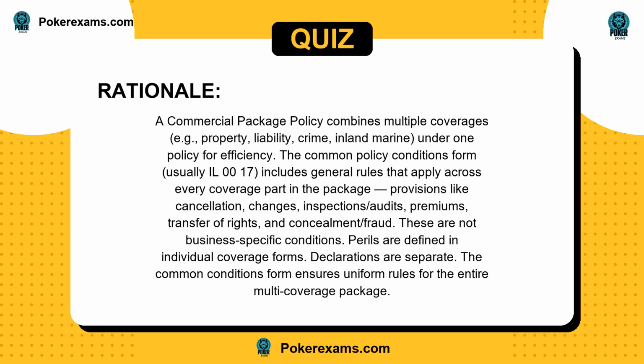The Common Policy Conditions Form, usually IL0017, includes general rules that apply across every coverage part in the package, provisions like cancellation, changes, inspections/audits, premiums, transfer of rights, and concealment/fraud. These are not business-specific conditions. Perils are defined in individual coverage forms. Declarations are separate. The Common Conditions Form ensures uniform rules for the entire multi-coverage package.